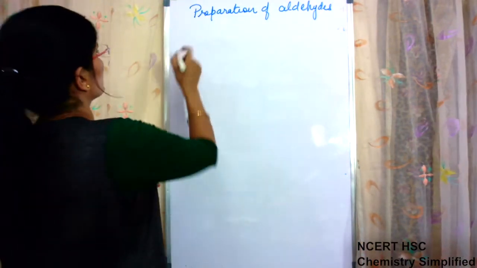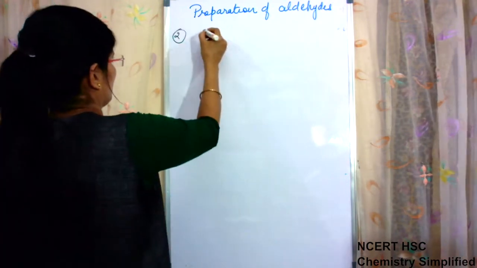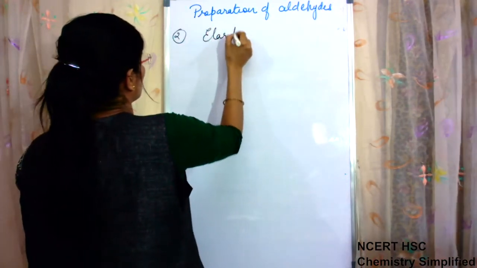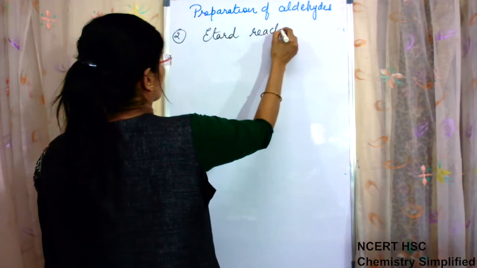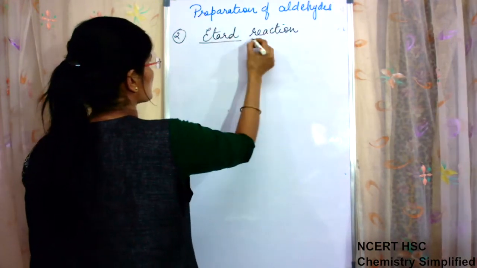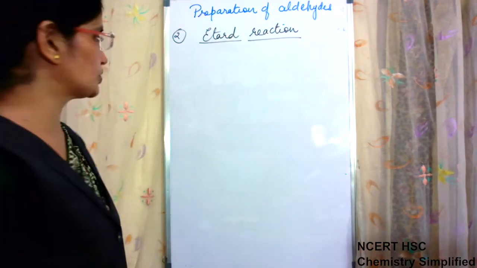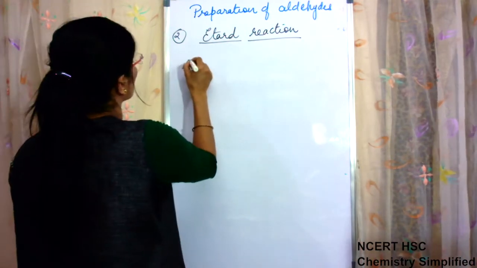Okay. The second method is the Etard reaction. Again, it is a name reaction, the Etard reaction. What is there in the Etard reaction?